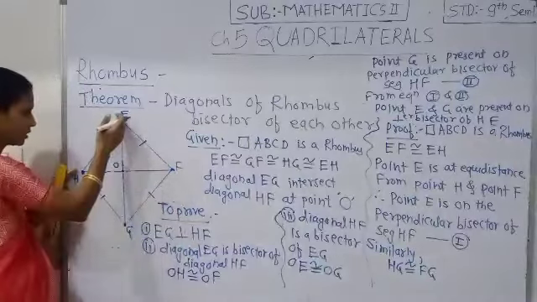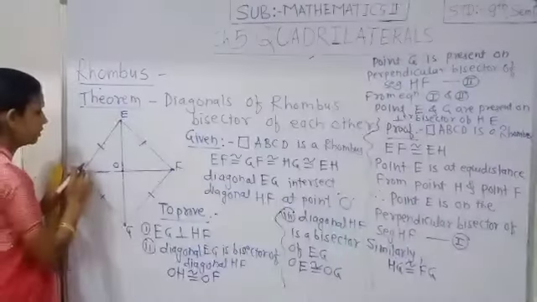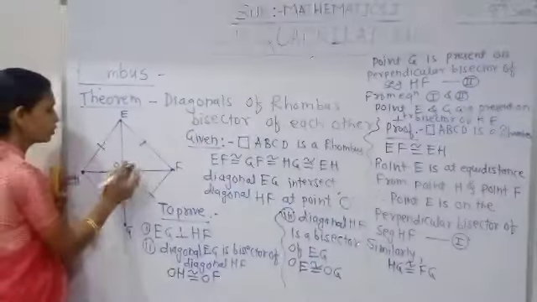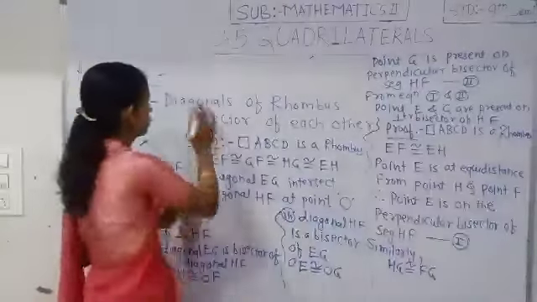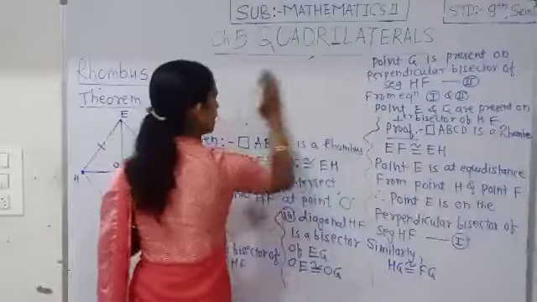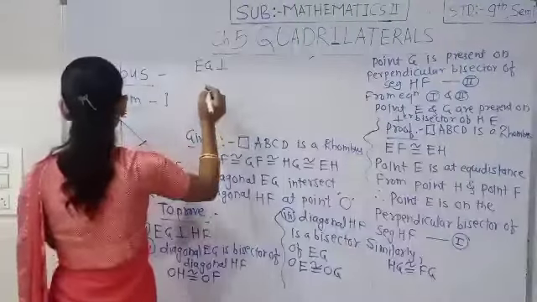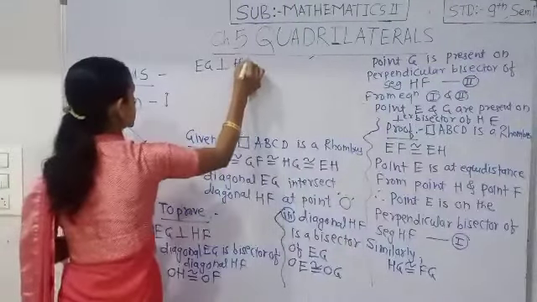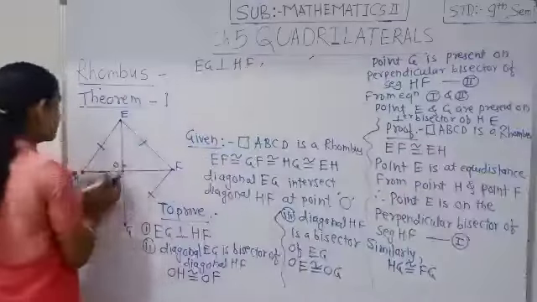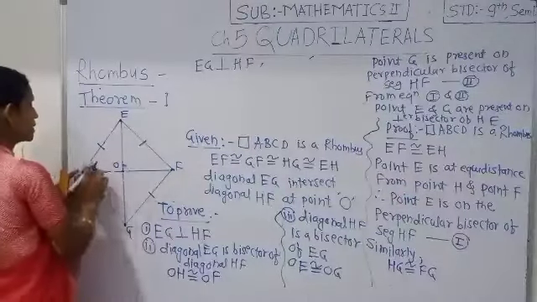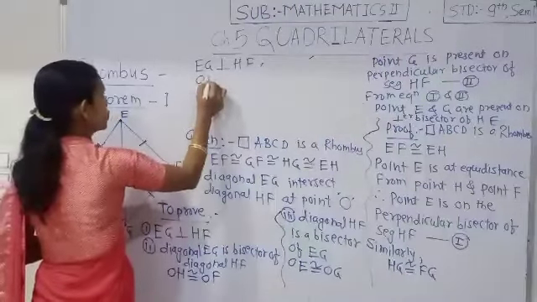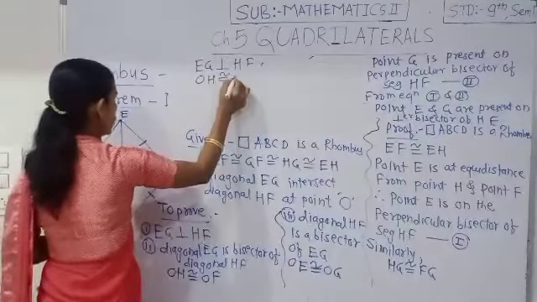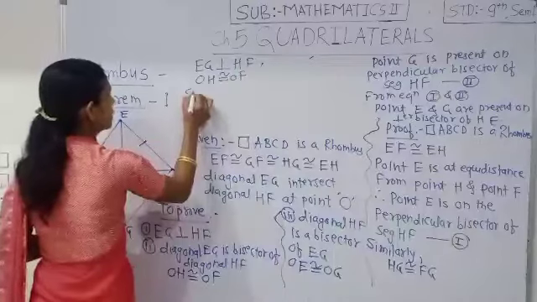That means here EG is perpendicular to HF, as well as EG is a bisector of HF. Therefore here OH congruent OF.